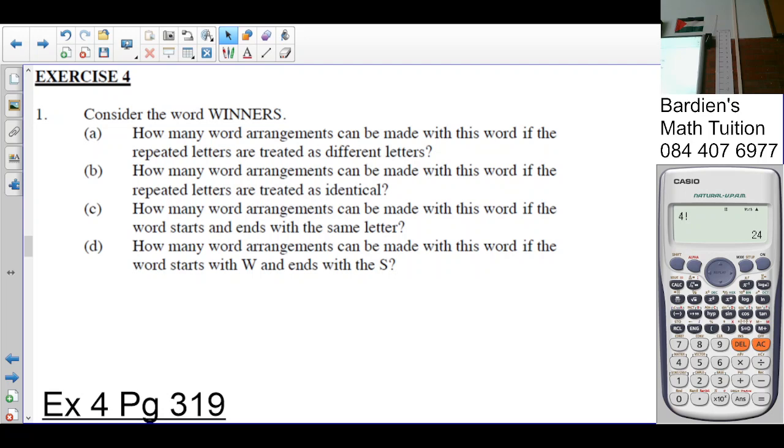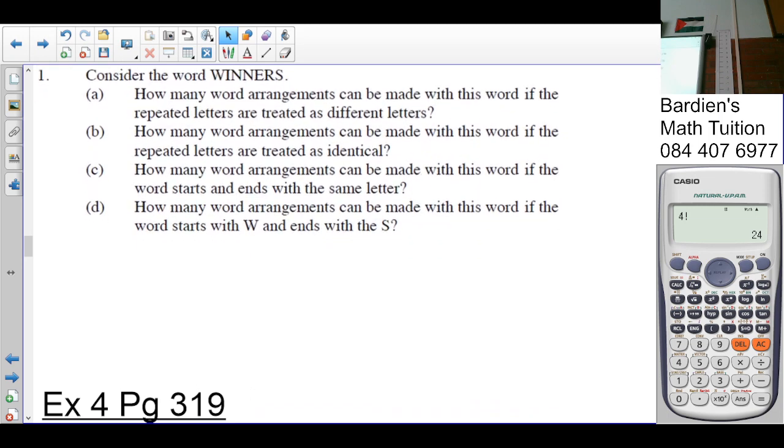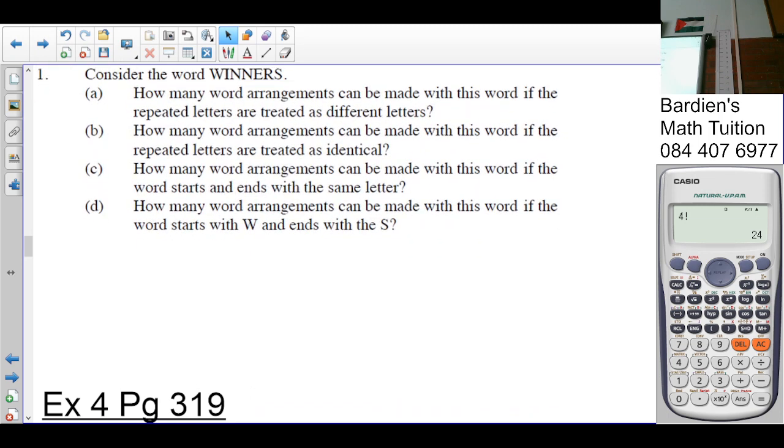Right. Exercise 4, number 1. Consider the word winners. You guys are all winners, no? Yes. Right. How many word arrangements can be made if the repeated letters are treated as different letters?